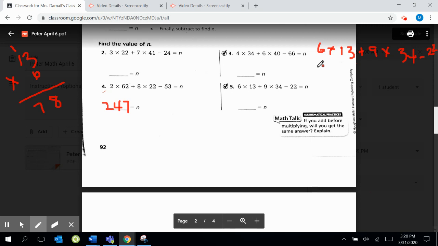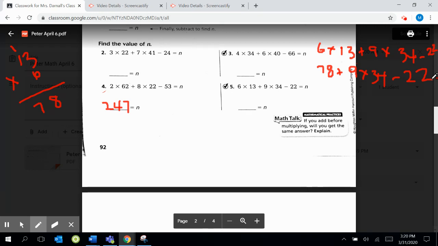So I have 78, and then I bring all my numbers down, plus 9 times 34 minus 22. Okay.